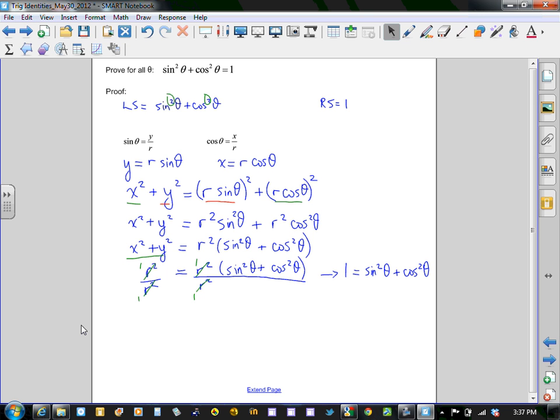Okay, so at this point in time, we're going to adopt the current scheme that we have here as proof for the Pythagorean identity. So based on this, therefore, sine squared theta plus cos squared theta is equal to 1 for all theta.